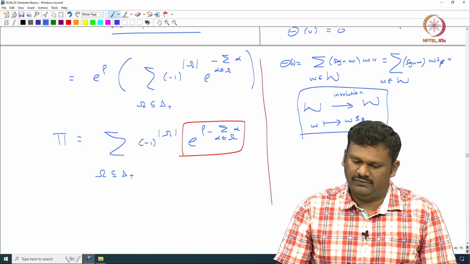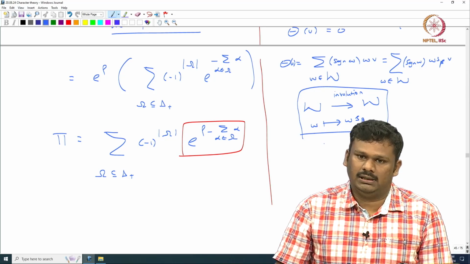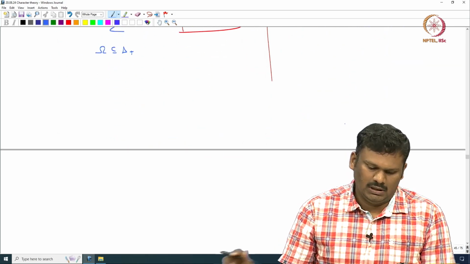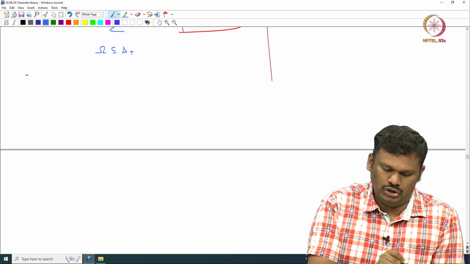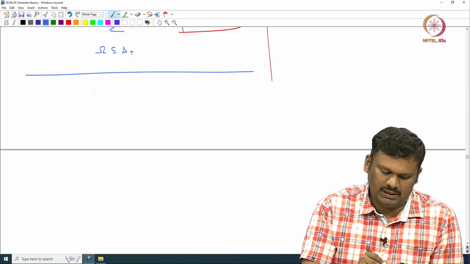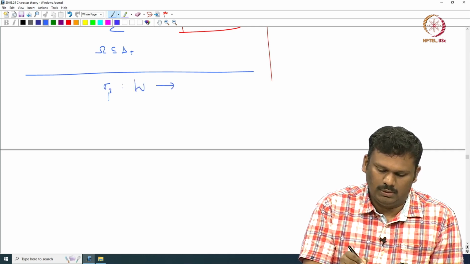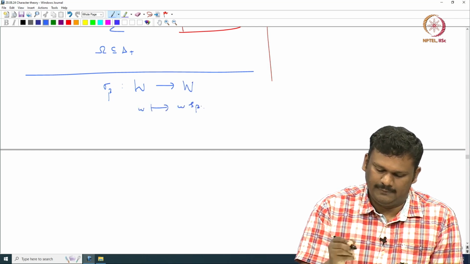So, if you use this involution, then this theta of v can be written over the orbit sum. So, this is indeed the best way of proving something is 0. Okay. So, we have this involution. Let me call that involution sigma beta, which is from W to W. So, this takes w to w s beta.